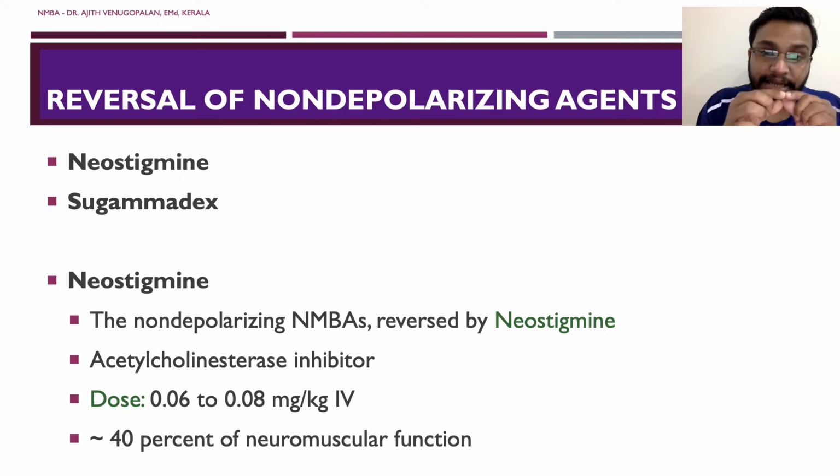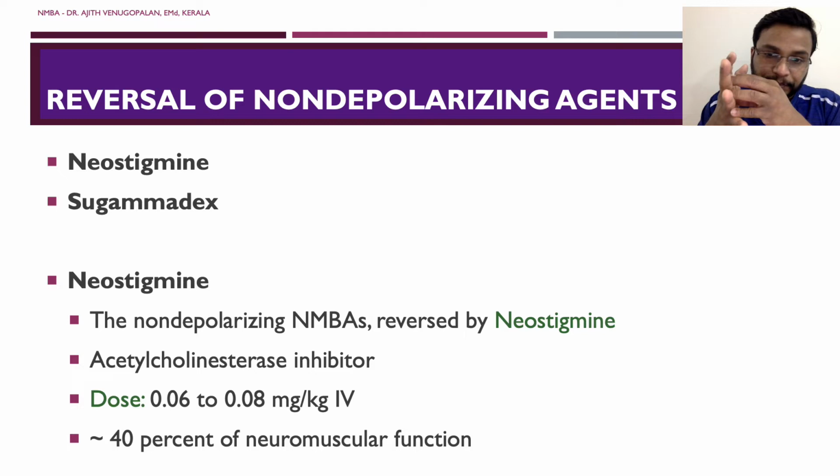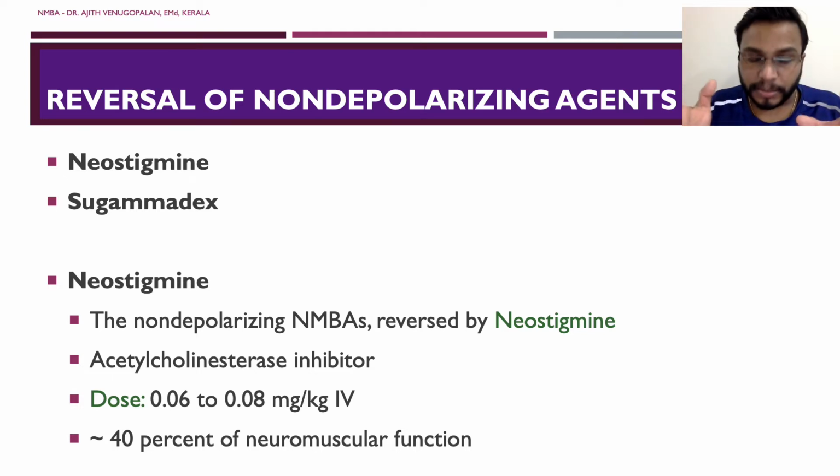As a result, the acetylcholine is not broken down. So we have an increased concentration of acetylcholine at the synapse. Once the increased concentration is there, this acetylcholine can directly stimulate the motor end plate, even if the receptors are competitively blocked. And as a result, there is some muscle function or some depolarization or contraction that can happen in the muscles. As I told earlier, this is not 100%, just 40 to 50%, and it is not an ideal agent, but it can produce some recovery.